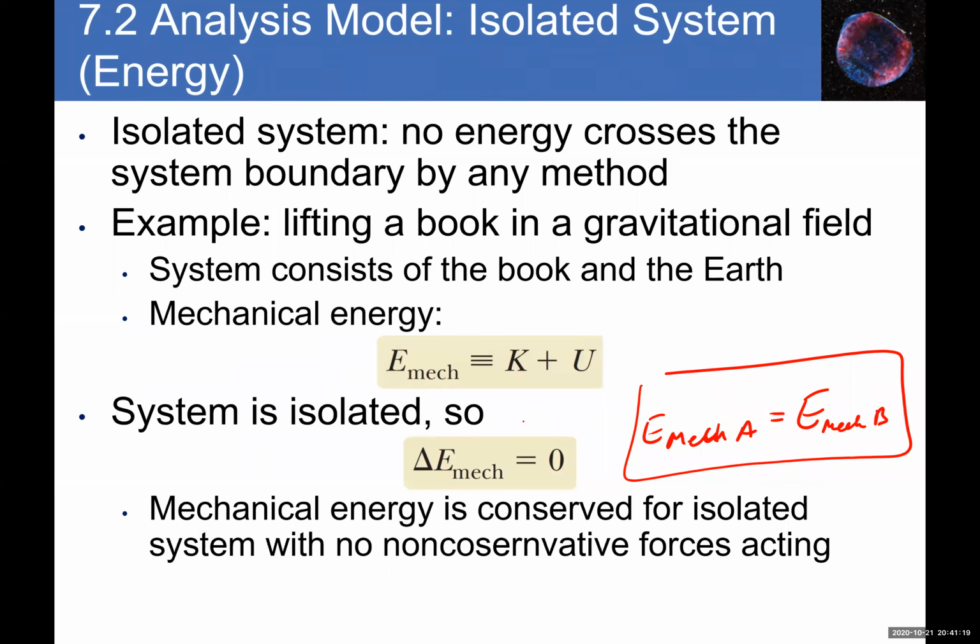That means when you're dealing with only conservative forces, remember, which are gravity and spring force, then the mechanical energy of your system is always conserved. That means you can always say that kinetic energy at point A plus potential energy at point A equals kinetic energy at point B plus potential energy at point B. And remember, potential can be a combination of gravitational and spring potential.